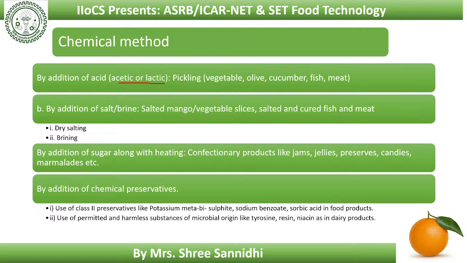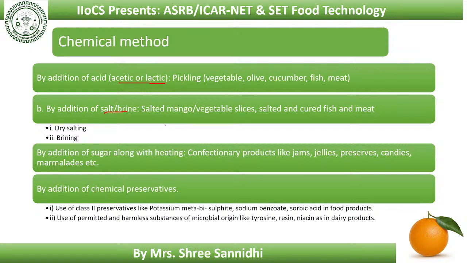Next is by addition of salt or brine. So in salted mangoes or vegetable slices and salted and cured fishes and meat, we use salt or the brine solution in order to remove the water with the help of the osmosis process.